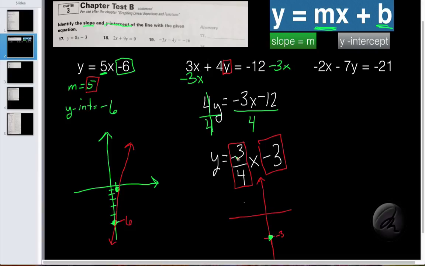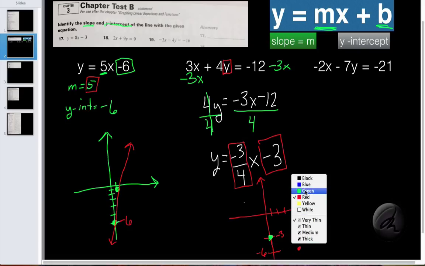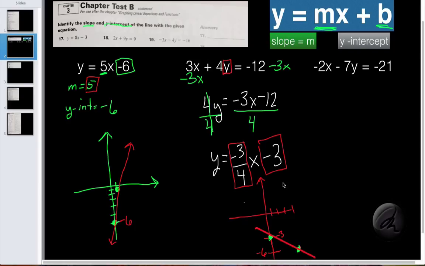And then my next point would go down 3. So that would be -6, because -1, 2, 3, that would be -6, and then over 4. So it would be somewhere over here. Okay. And that would be my slope. It goes down 3 and then over 4.